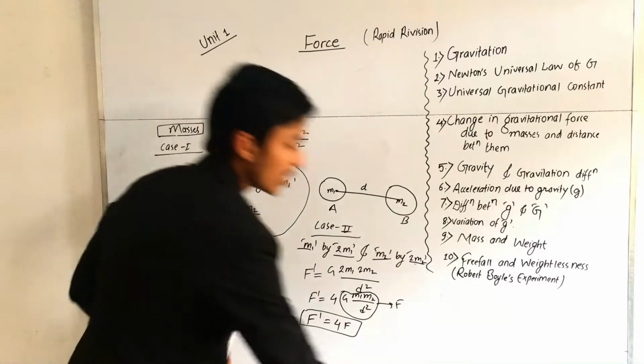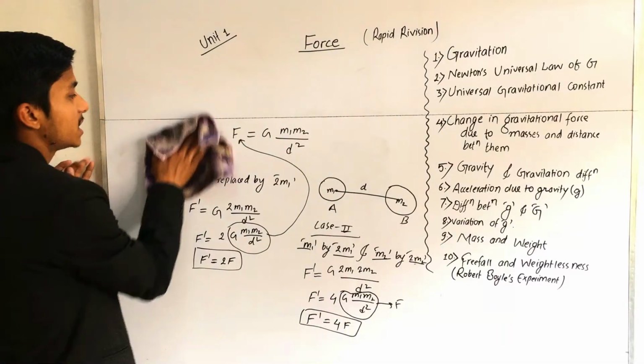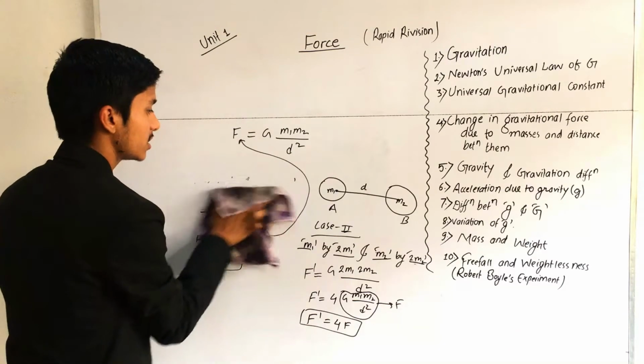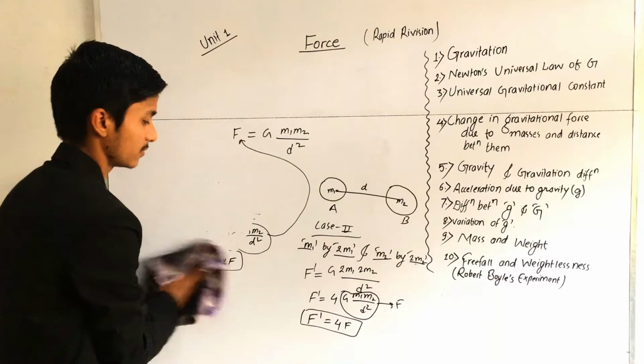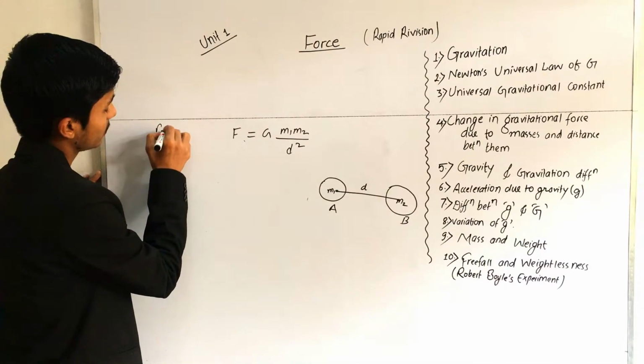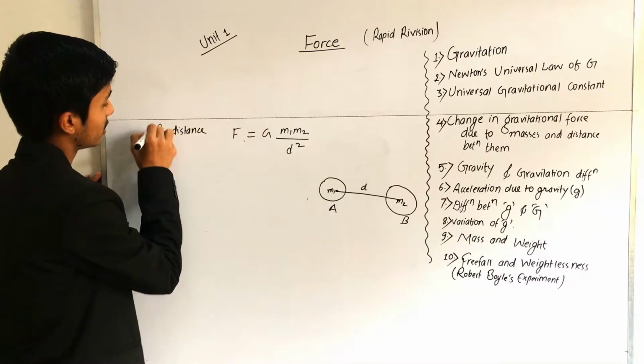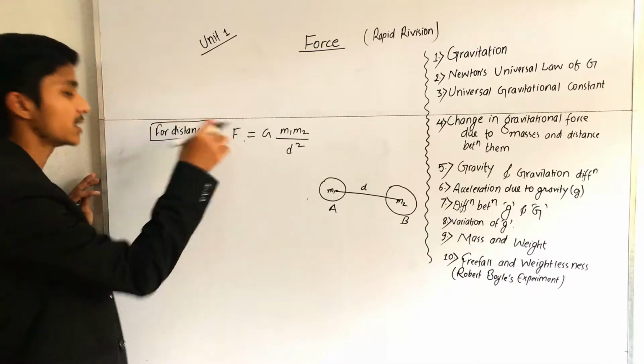Now we discuss what will be the change in gravitational force when the distance is changed, when variation in distance takes place. Here we write for distance, that is, variation in distance.